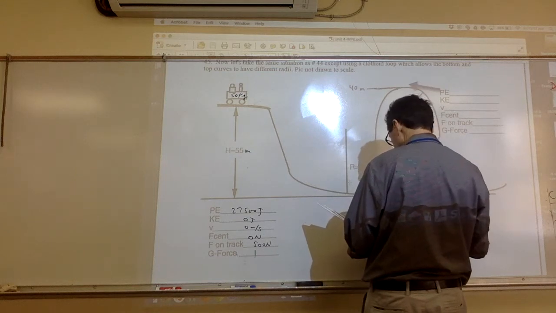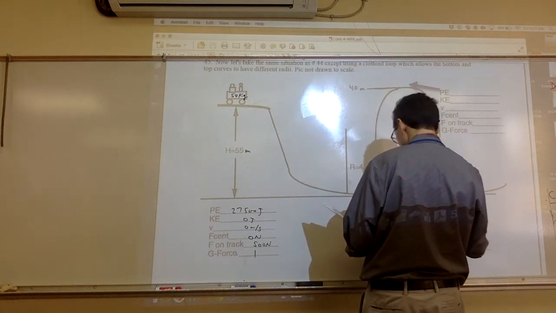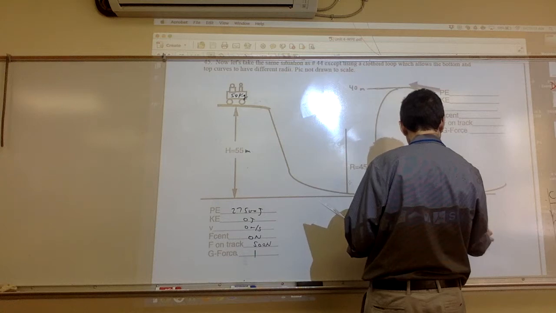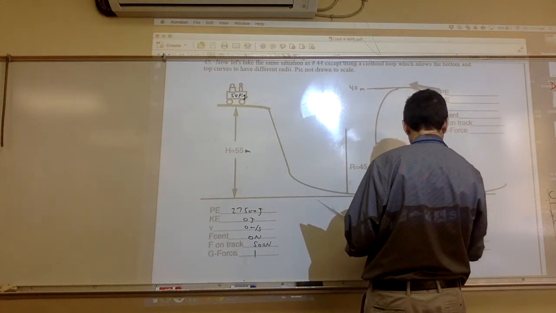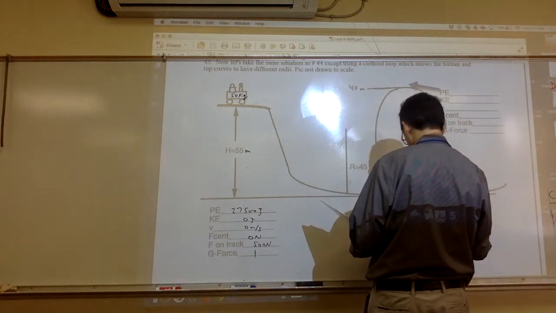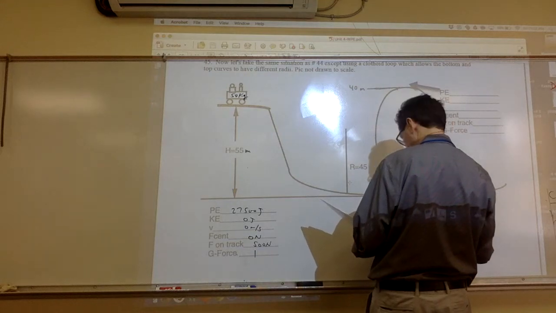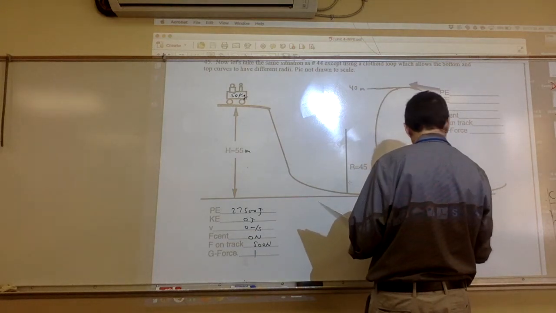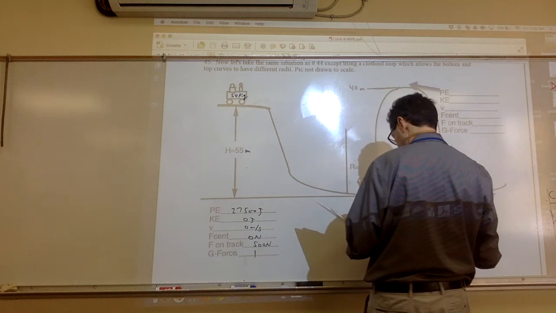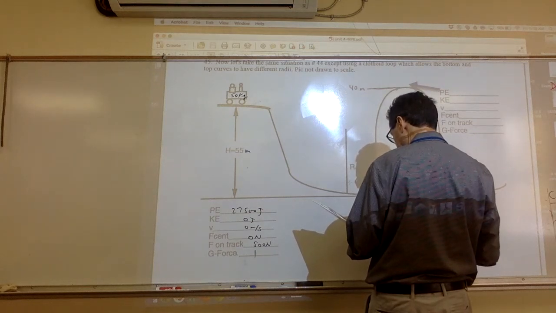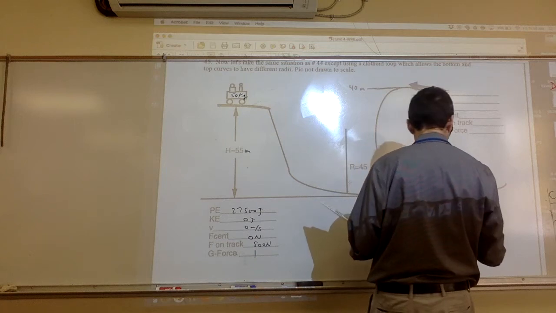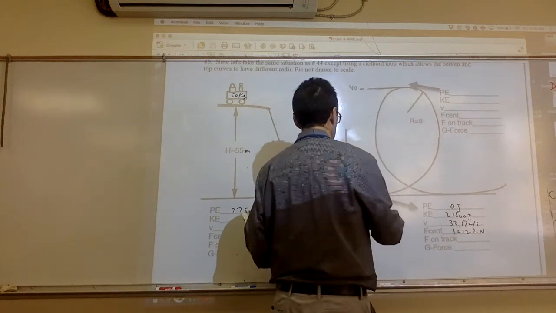All the values for energy will be the same. But what changes is the centripetal force and the g-force and all that stuff. So the same rules apply.